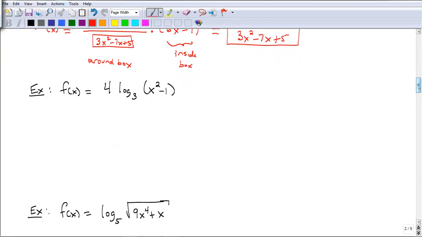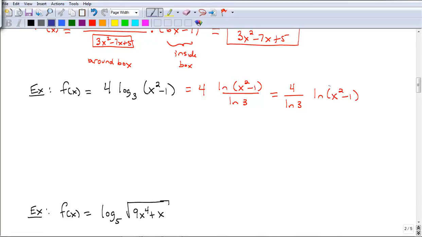So we can try an example again. Here I have that 4, which is a constant. And so when I think about this, I could use the change of base formula: natural log of x squared minus 1 over the natural log of 3. And 4 and the natural log of 3 are constants, and I'm left with the natural log of x squared minus 1.